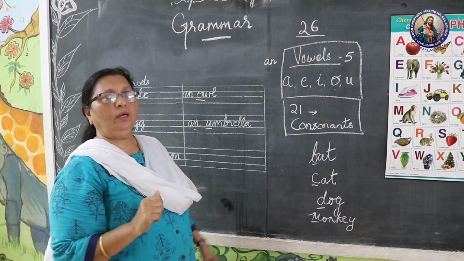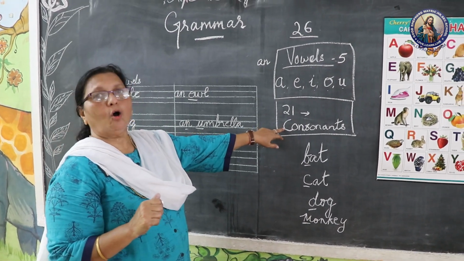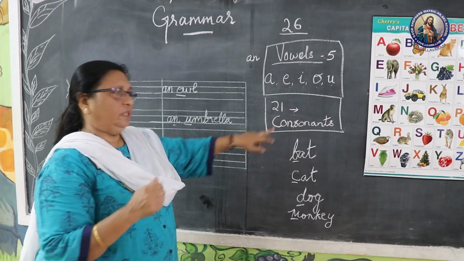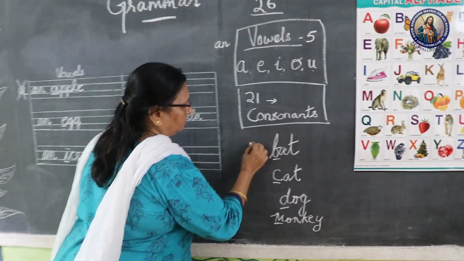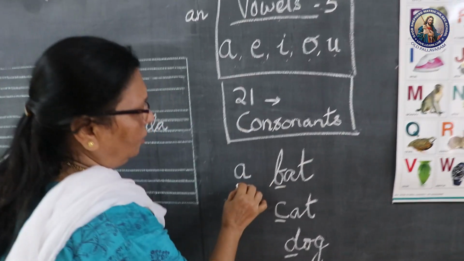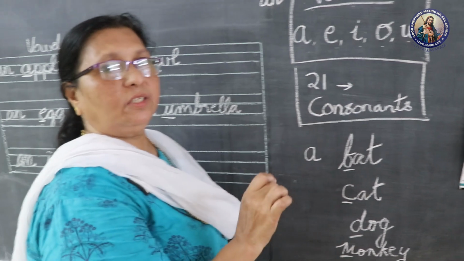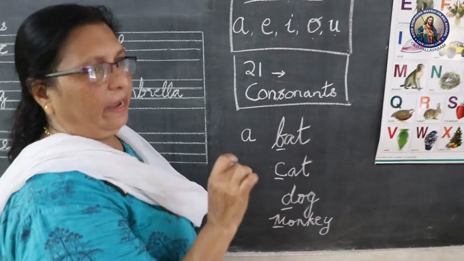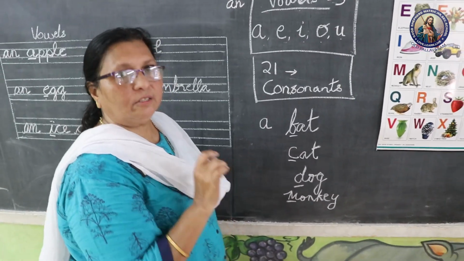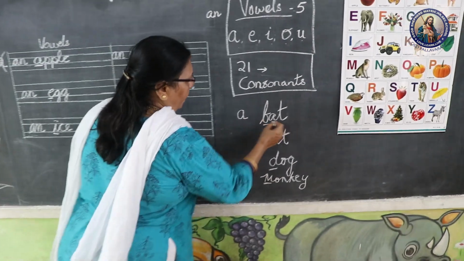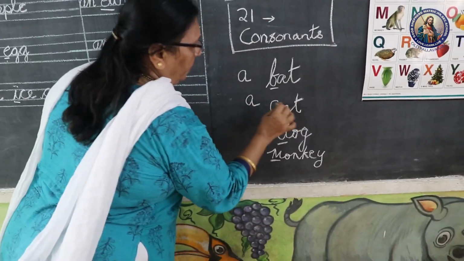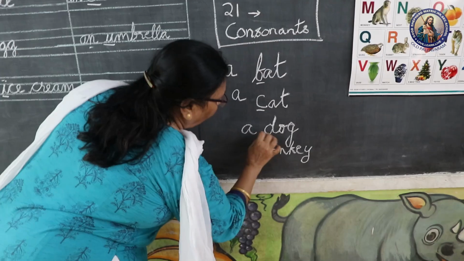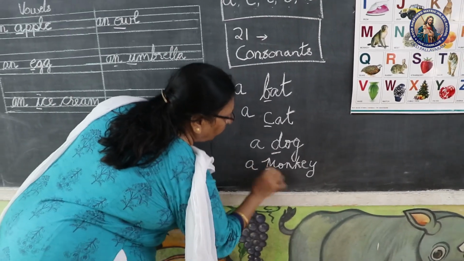No. What are they called? They are called consonants. So they will start with a. When a stands alone, you will pronounce it as a, not an. An bat, an cat is wrong. A bat, a cat, a dog and a monkey.